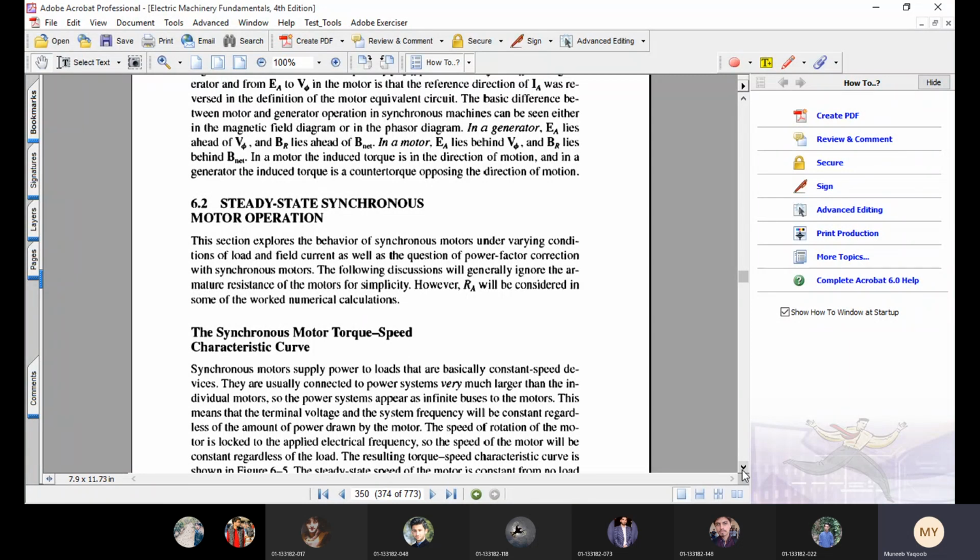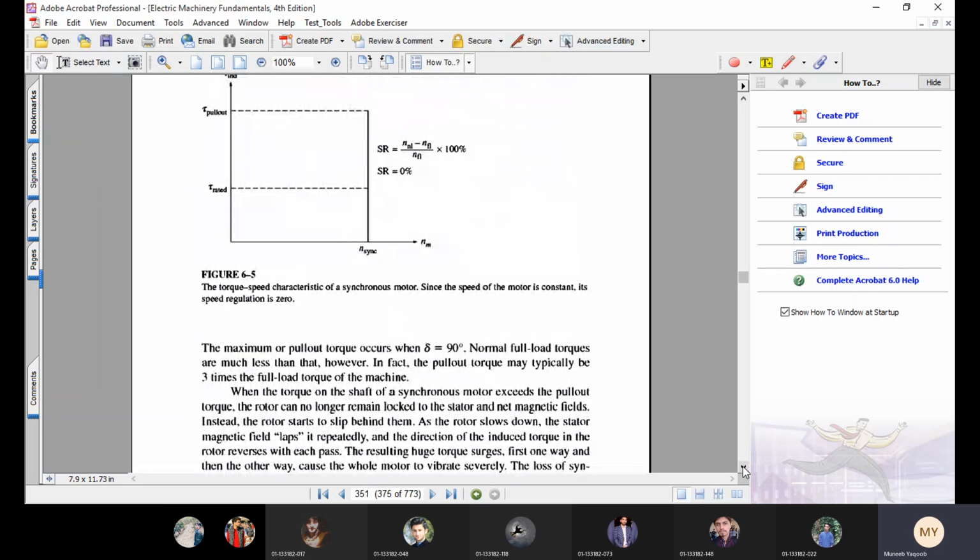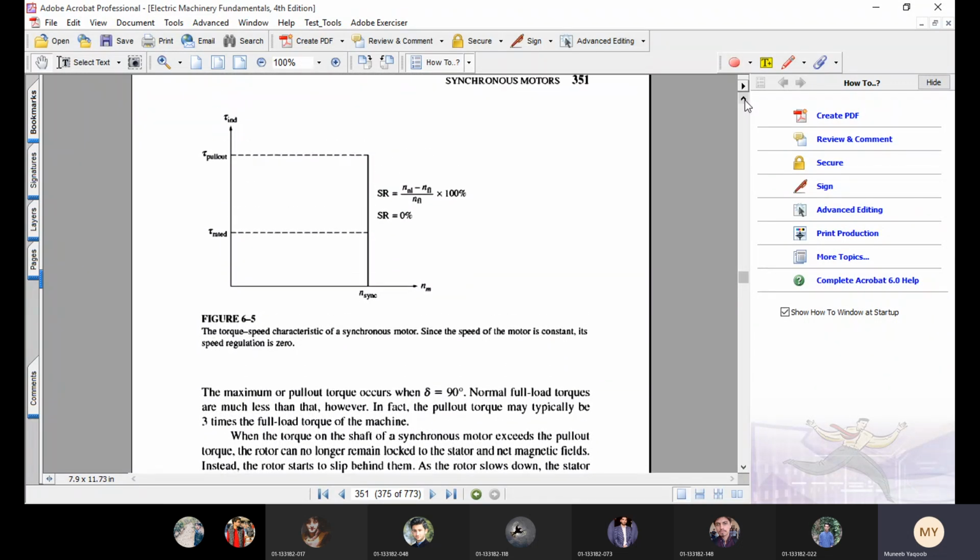First of all, let us examine the speed torque graph of a synchronous motor.